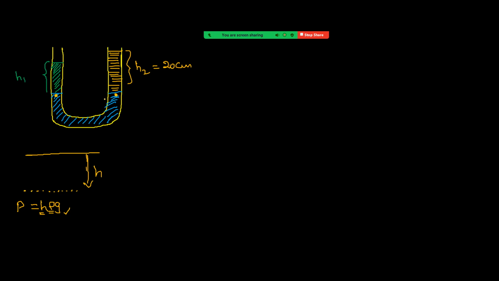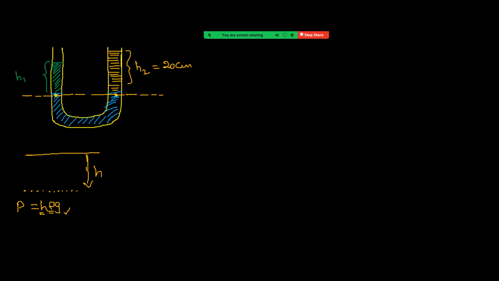At the same time, both points are now at same level. So same level in same liquid, both are in mercury. That means at these two points, the pressure must be same.